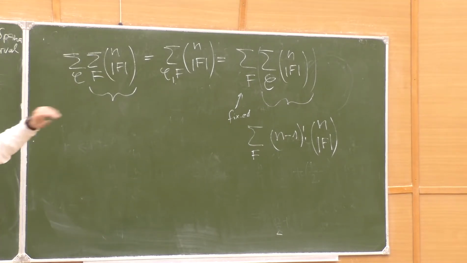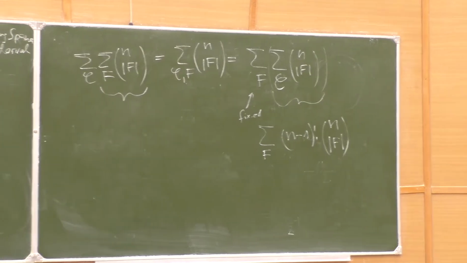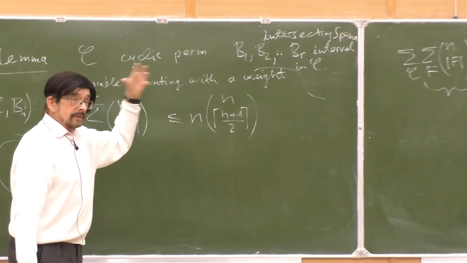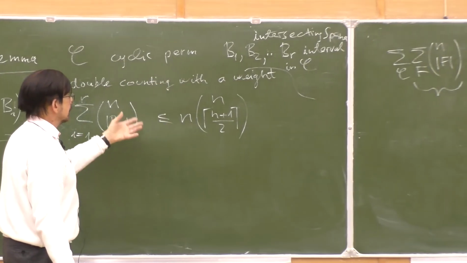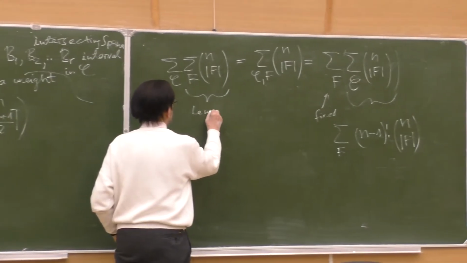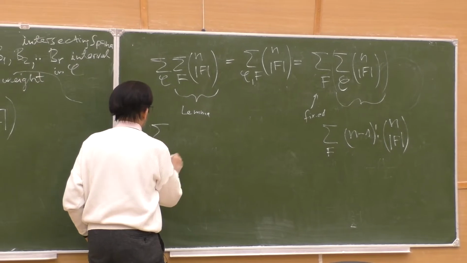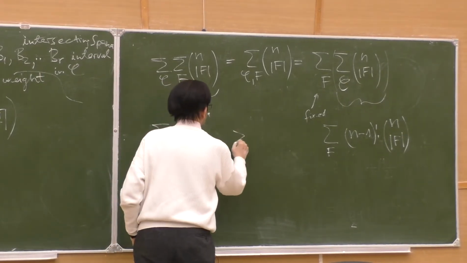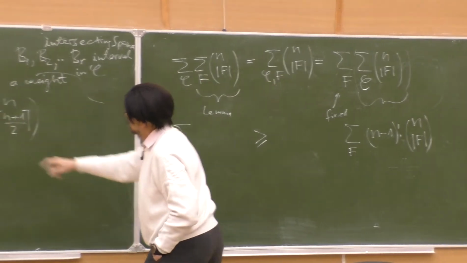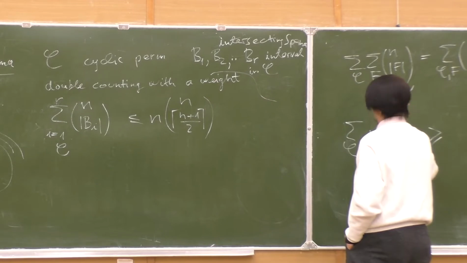And so the sets F are an intersecting Sperner family along a given cycle. So we can use the lemma that this can be replaced by n times n choose something.